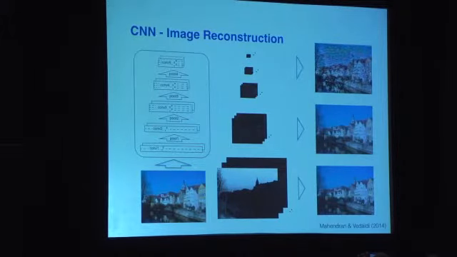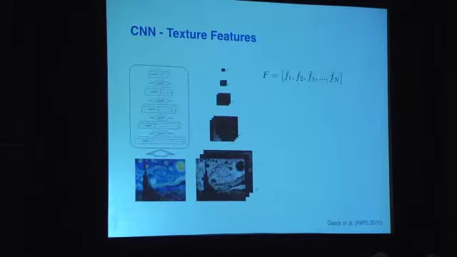We have a paper at this conference where we show that if we constrain not the actual feature activations, but the correlations between feature maps in a number of layers, we get a pretty good model of natural textures.